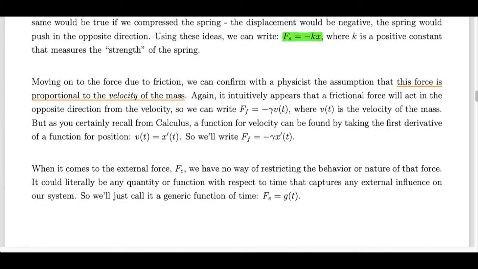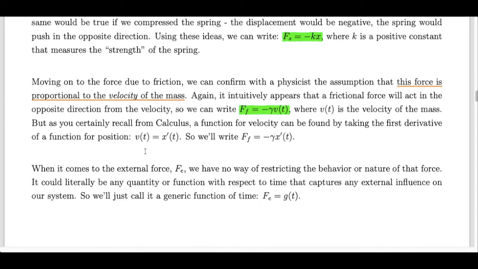So if I have a positive velocity, my mass is moving positively away from the equilibrium, friction is going to act in the opposite direction to slow down that motion. So we can write that the force due to friction will be some proportionality constant, here I've labeled as gamma, times the velocity. And again, that's negative.